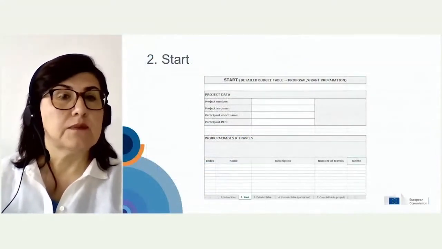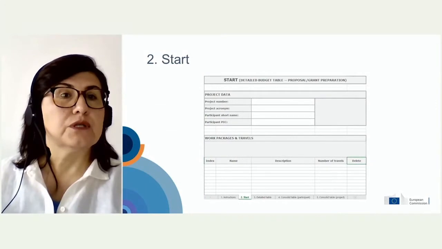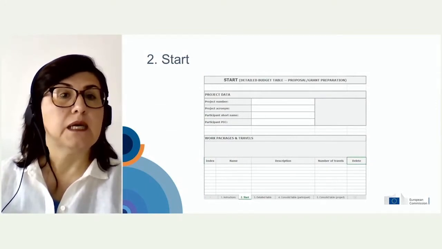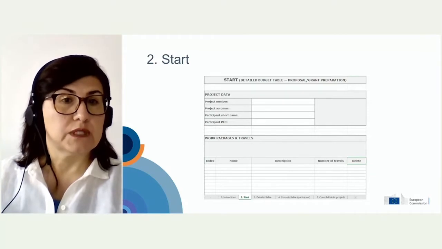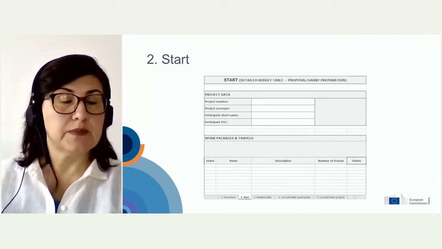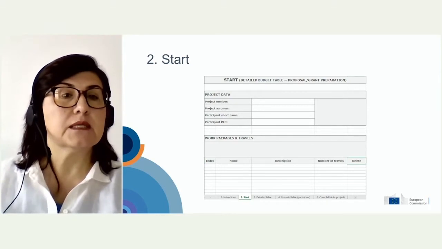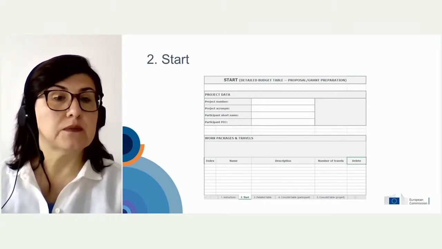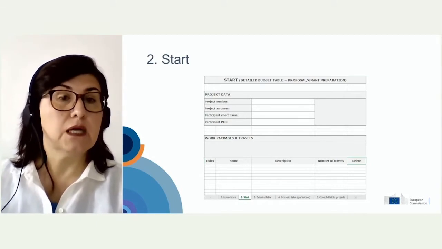The second tab is dedicated to the start of the file. You have to encode the project data related to the number attributed to your project, the acronym of your project, the short name of each participant, and the participant identification code. Then you will find a button where you have to click to encode and to insert each work package.